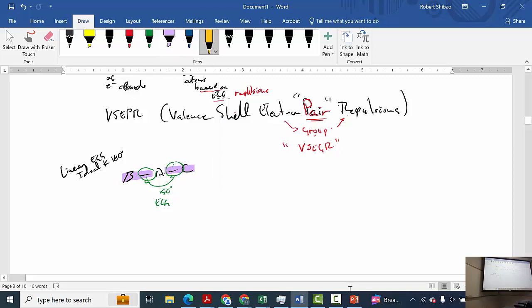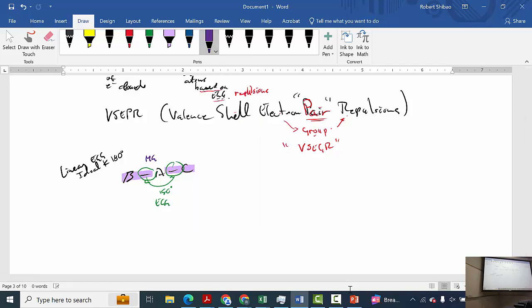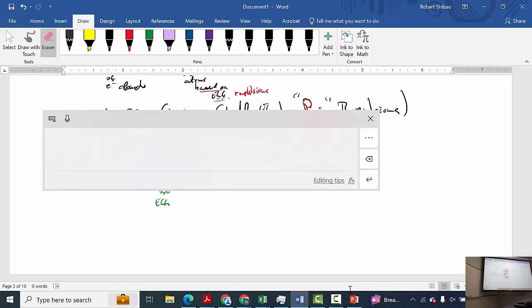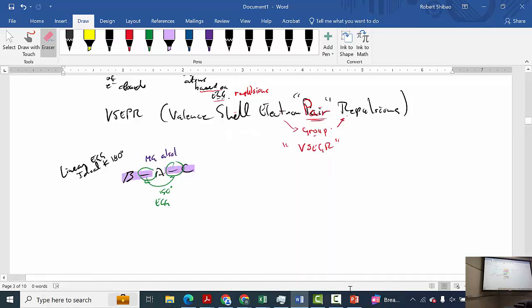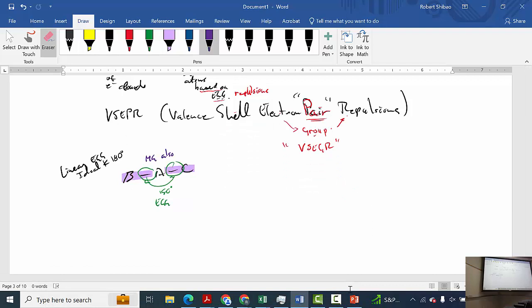Now, when I do the MG, I look at the bonded atoms. So when I look at the bonded atoms, I see I have a C there and a C there. And so when I look at this MG, the MG is also linear.